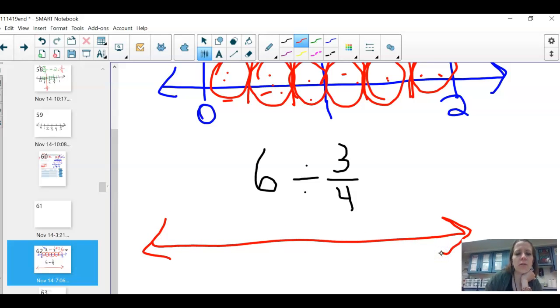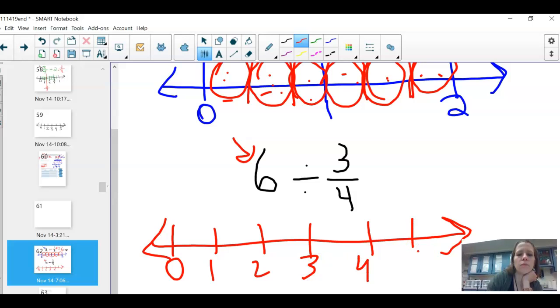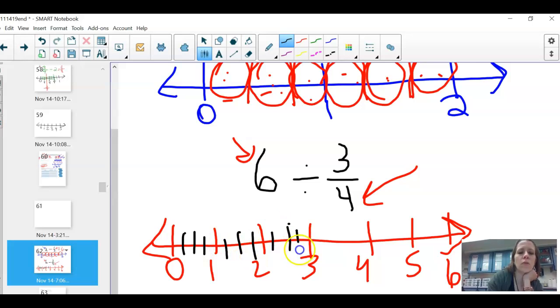¿Ok? Yo tengo esto. Mi número es 6. Oh, yo necesito más espacio. Ok, yo voy a cortar estos. Hay muchos.